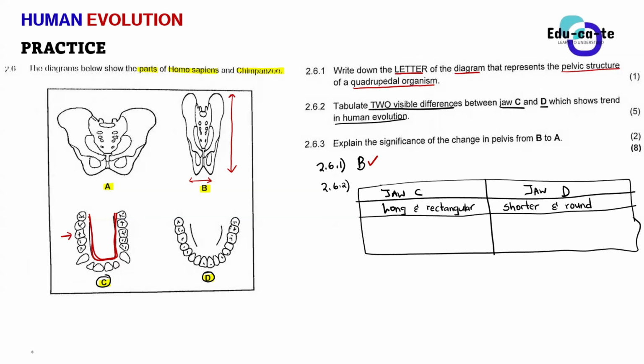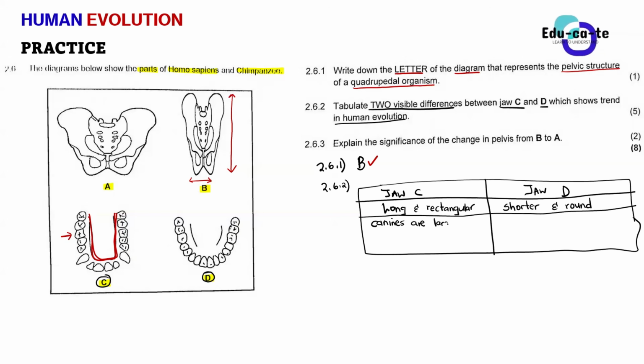Yes. Well, sir, for C we have more pointed canines, and for D we have smaller canines. Yes, for jaw C the canines are more pointed and they are larger.